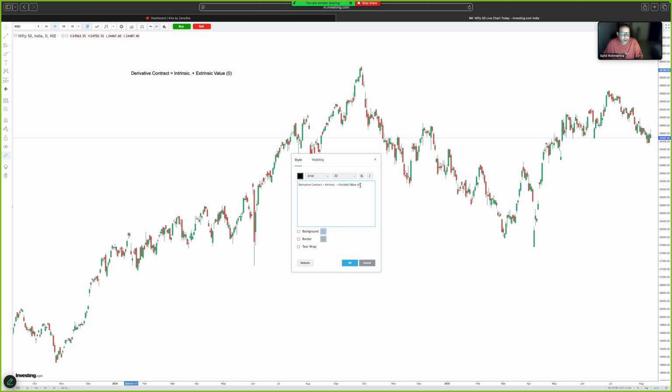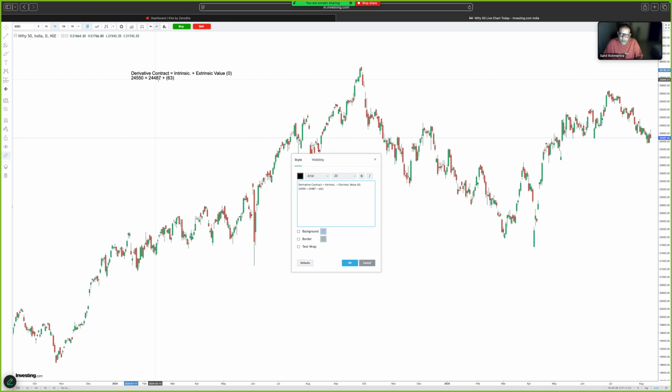Now, the contract of the August future is priced at 24,550, and we know that the underlying has closed at 24,487. So if we add 63 to this, we get the value of August future, which means that the intrinsic value is 24,487, whereas the extrinsic value is 63.